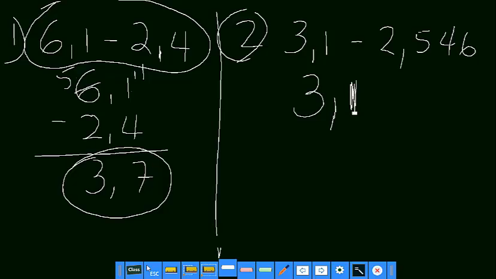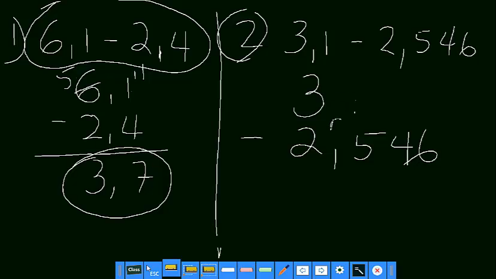And then minus 2 comma 546. All right, let me just change this one up here because it doesn't look good. That's 3 comma 1, okay? All right.